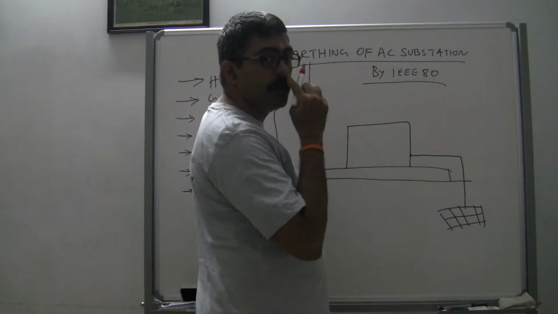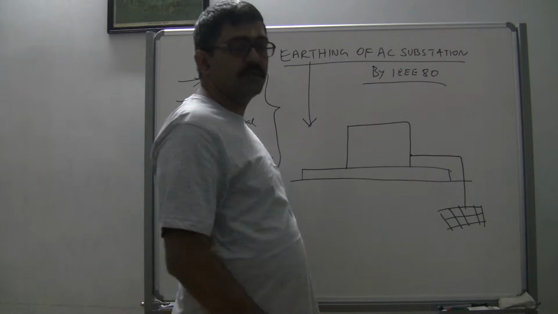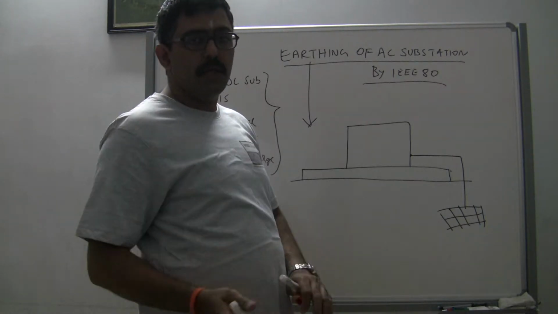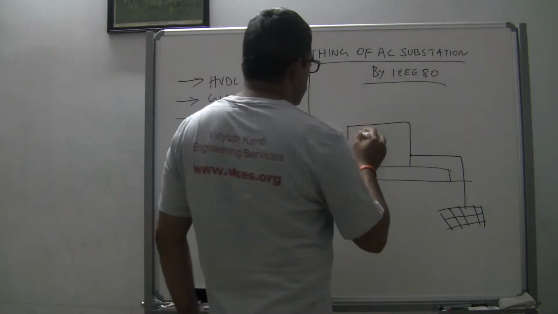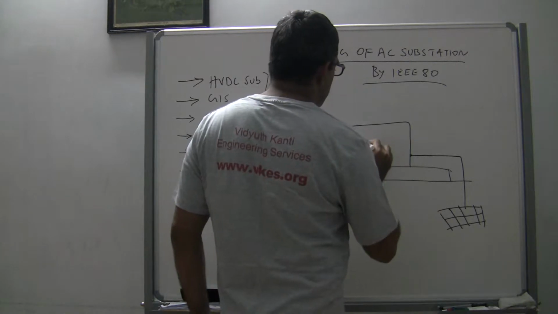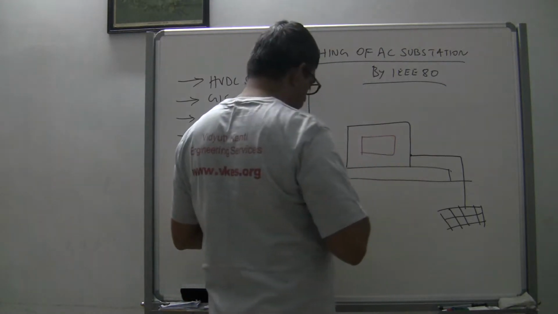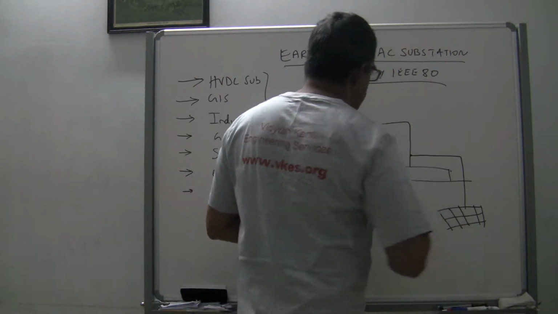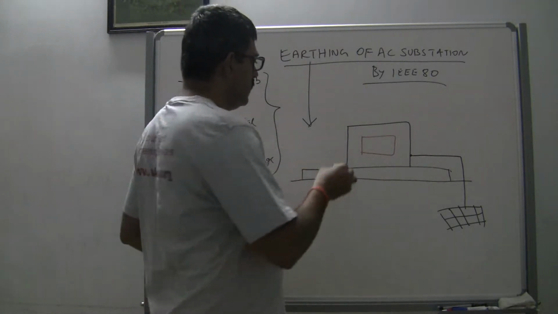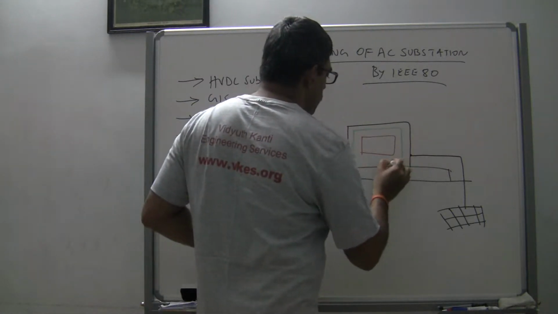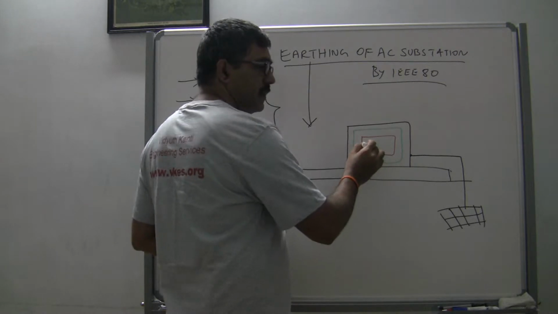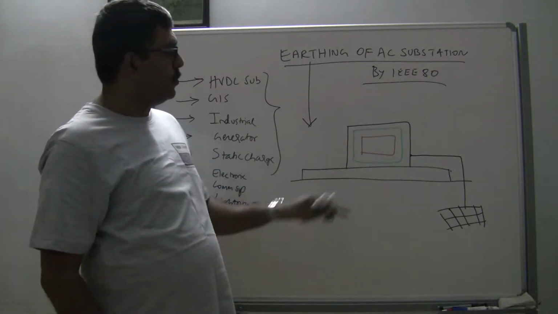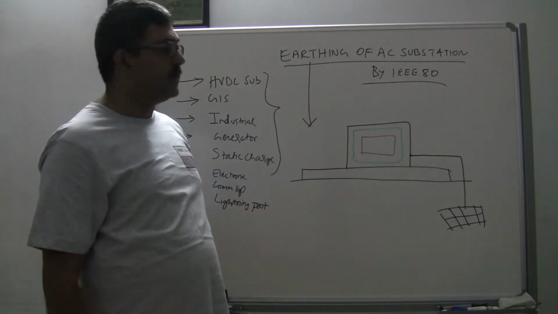Any electric equipment is made of three things: metal, non-metal, metal. The first metal is the conducting metal, which carries the power or the energy.